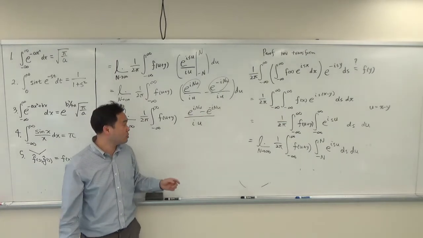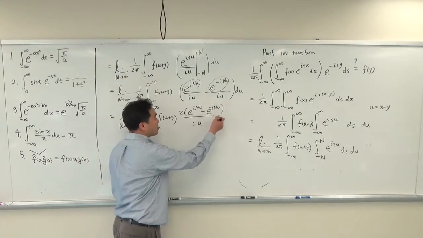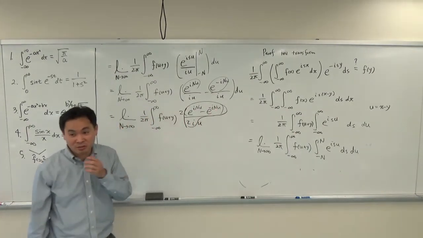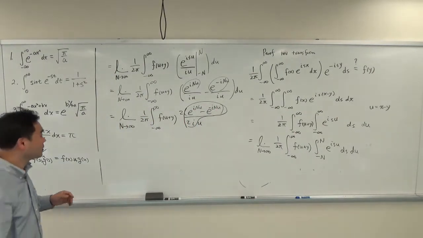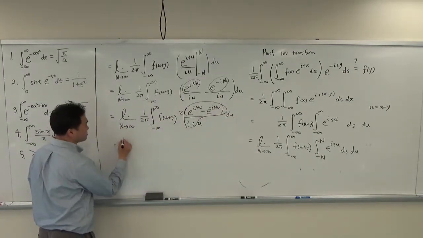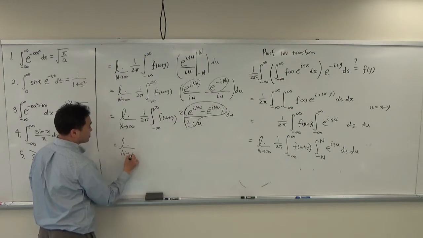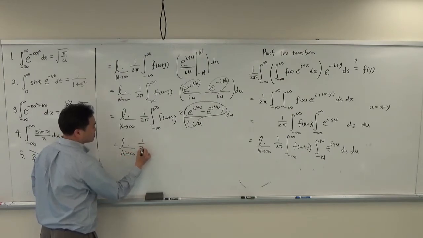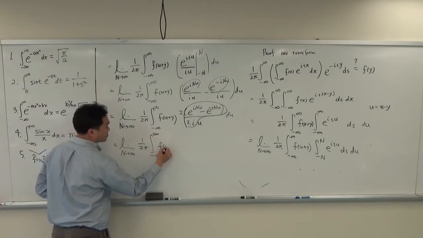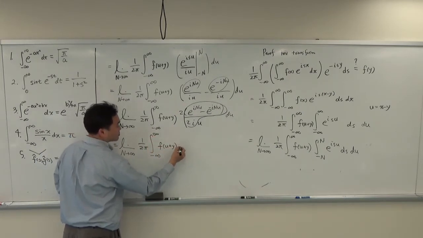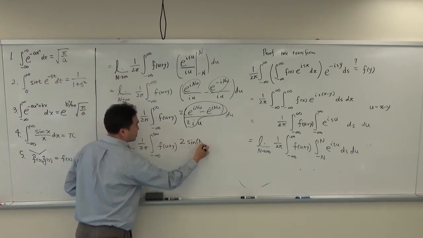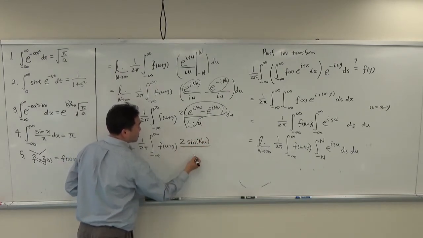And then if you multiply by 2 and divide by 2, this right here is two sine nu divided by u.